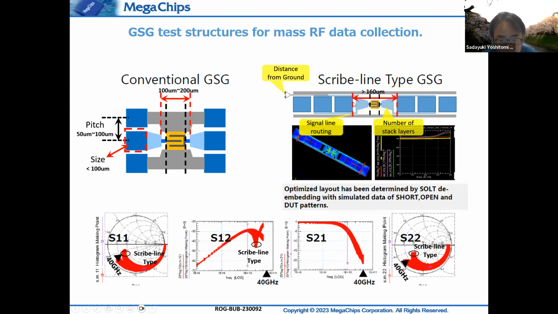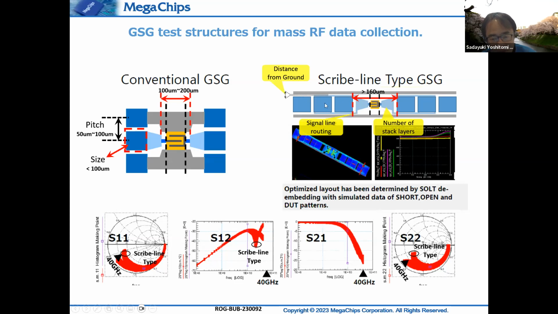But to design the scribe line type GSG pattern, there are a lot of design issues in order to have performance compatibility with conventional GSG patterns. There are difficulties in three parts. The first and most difficult part is the location of the signal path.